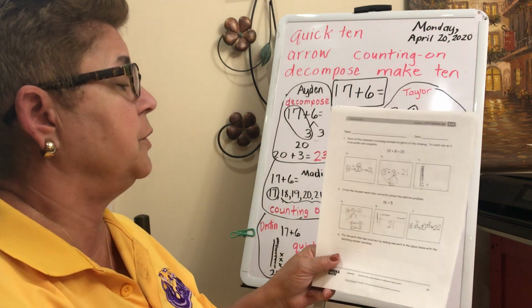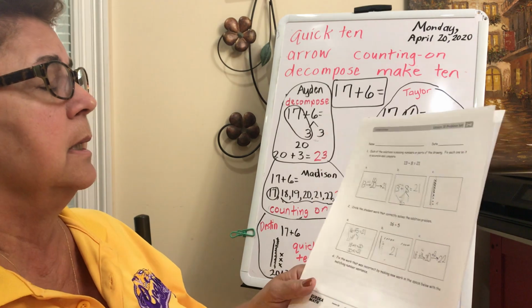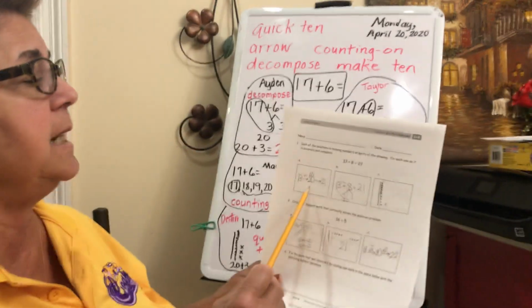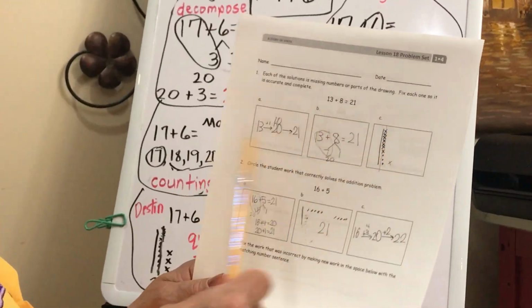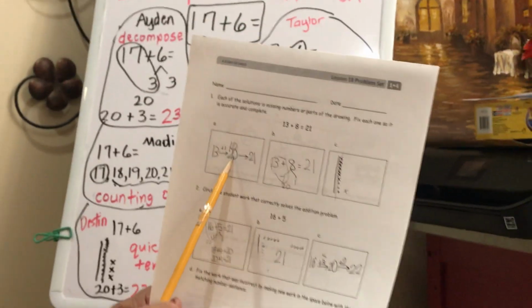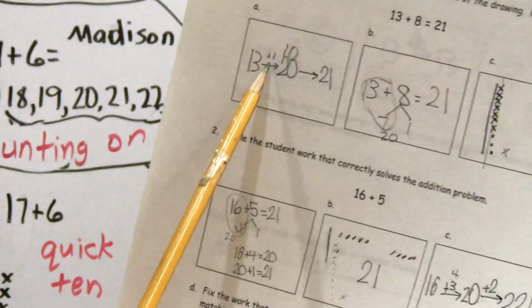So for your worksheet today, you're going to have that on your Google Classroom. They have given you 3 problems, and they're asking you to see what's missing in these problems to make them right. So when I looked at 13 plus, and it was 20, I said, wait. We have to do a plus 1.